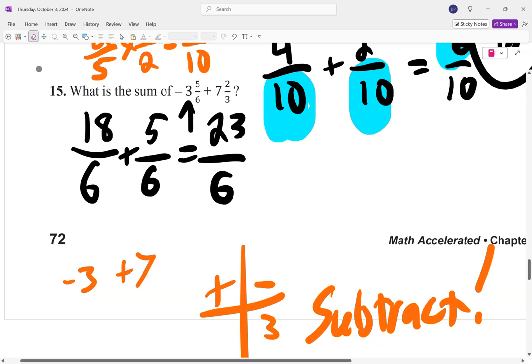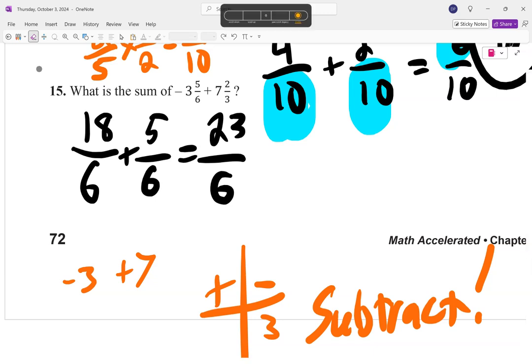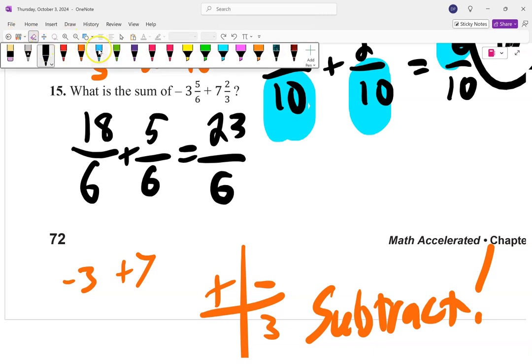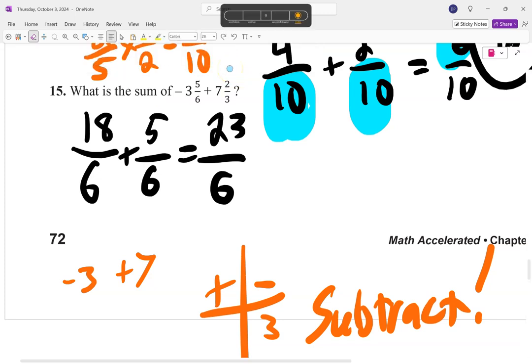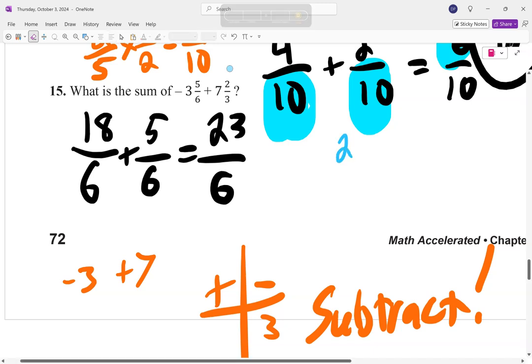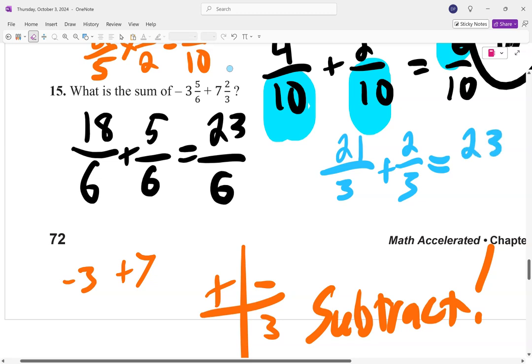That's our improper fraction for that. 7 2/3, if we change that to an improper fraction, we multiply 7 times 3 is 21, plus our extra 2. So we have 21 thirds plus 2/3. I'm just doing 2 separate pieces here. 23 thirds. All right, so there are our improper fractions.